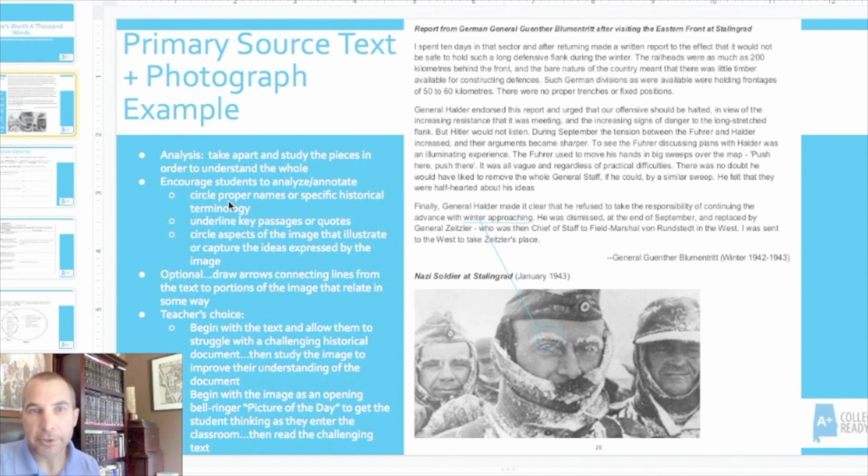What I would encourage the students to do, when they're looking at these together, is, well, first of all, I would encourage them to annotate, to really analyze and to annotate, to perhaps circle the proper names or that specific historical terminology, words like Führer, for instance.